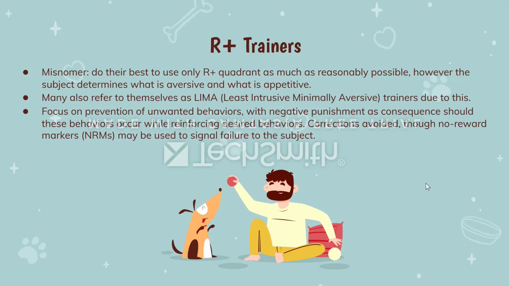Corrections are avoided, though some do use what's called no reward markers, or NRMs. And what this means is it's just a signal to the dog that they were not successful. Now, no reward markers are really not necessary. I personally feel that it's just additional work on the part of the trainer to employ them.